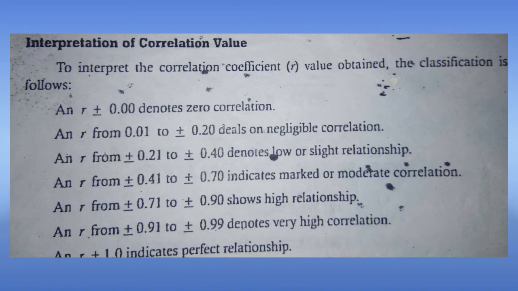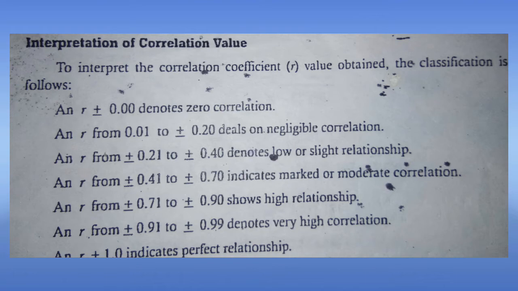It denotes a low or slight relationship. So if the correlation coefficient is from 0.21 to 0.40, you can expect that it denotes a low or slight relationship.